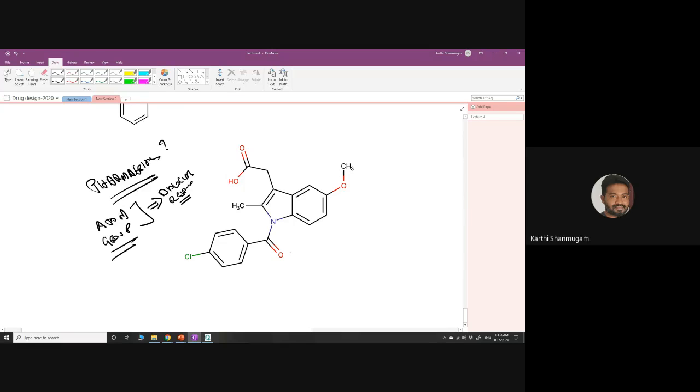So how to identify the pharmacophore element? First, we have to identify the major functional groups present in this molecule.